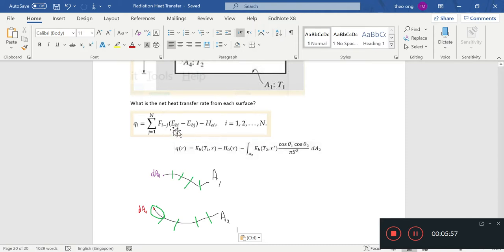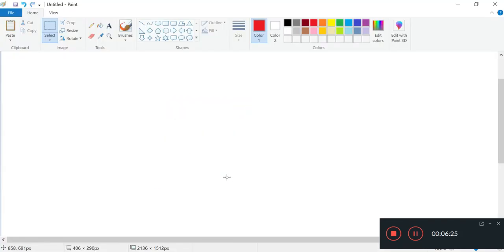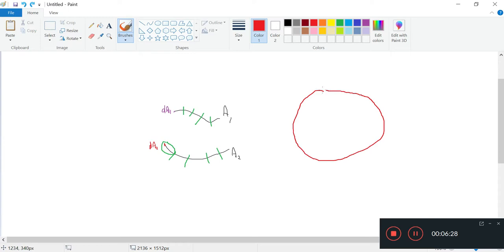And how did this E_bi minus E_bj come about? This of course assumes the whole surface is enclosed. If the whole surface is enclosed, let me draw a picture. Let's say you have area I, and then you break it up into many small pieces here.